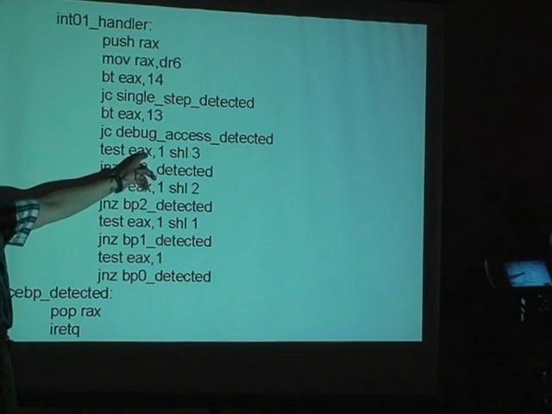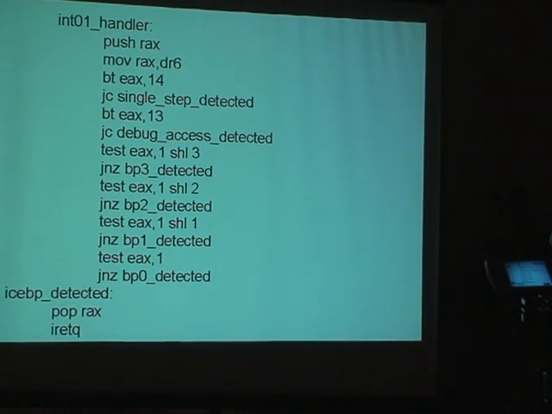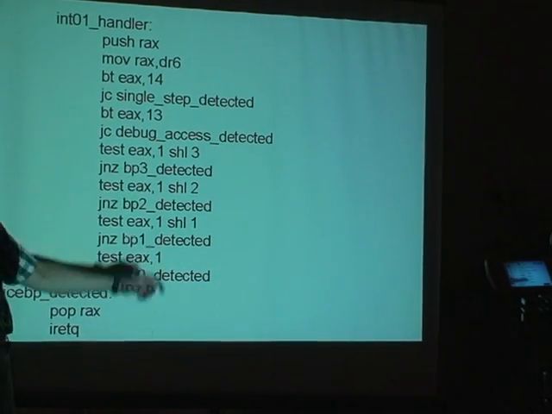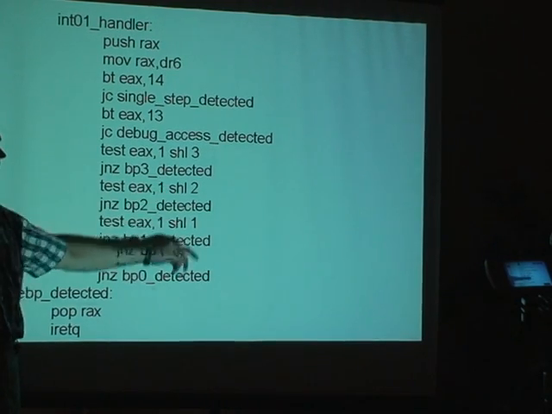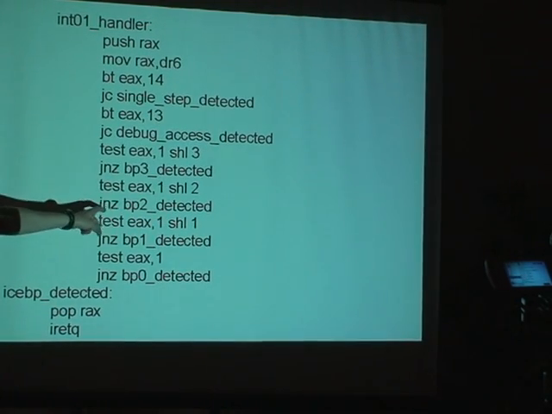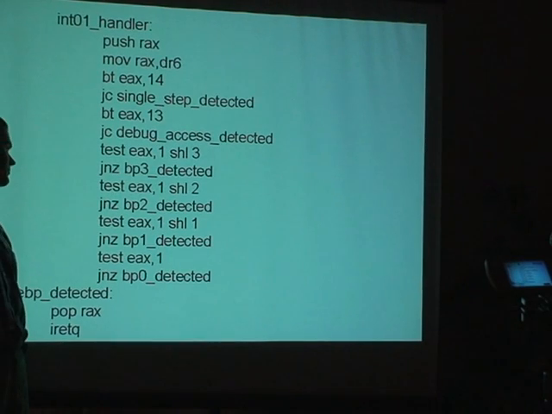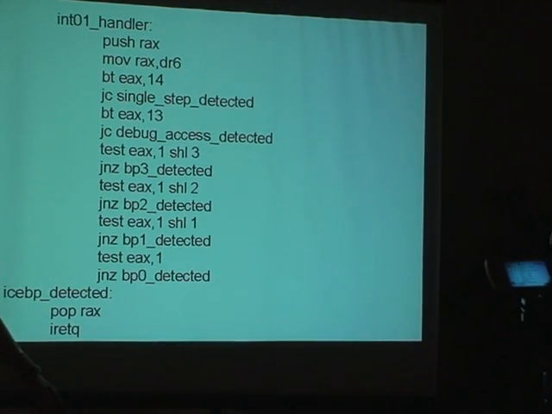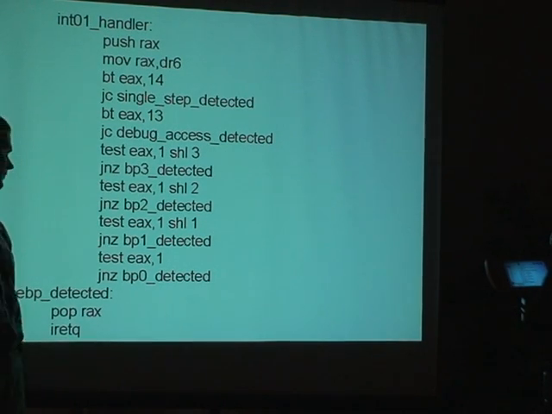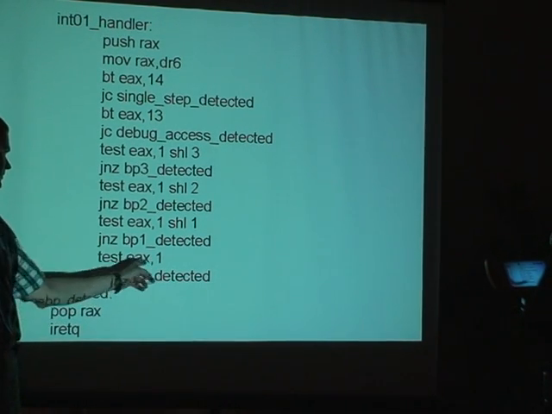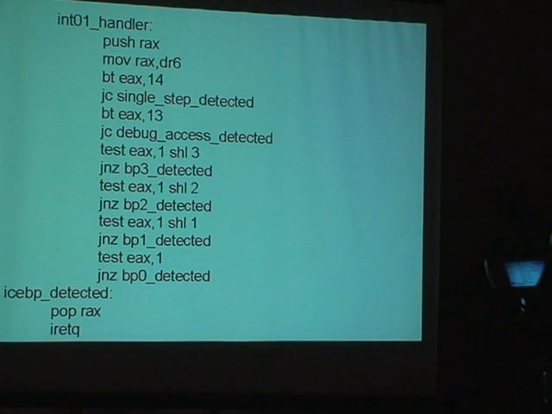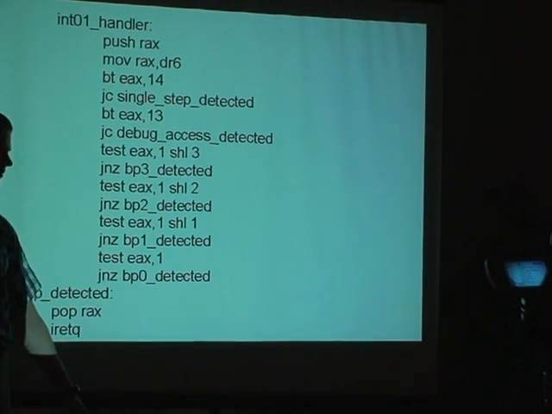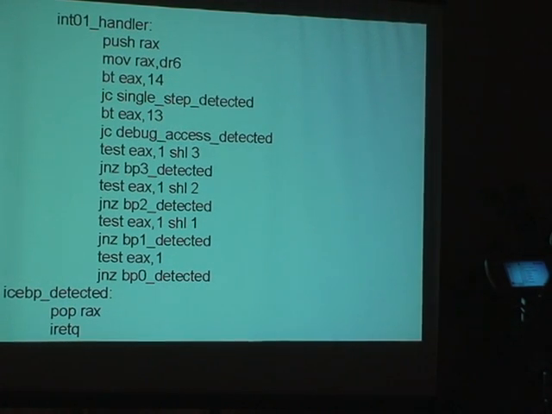If bit 3 is set, then breakpoint 3 occurred. When bit 2 is set, then breakpoint 2 occurred. When bit 1 is set, then breakpoint 1 was triggered. And when bit 0 is set, then breakpoint number 0 occurred.